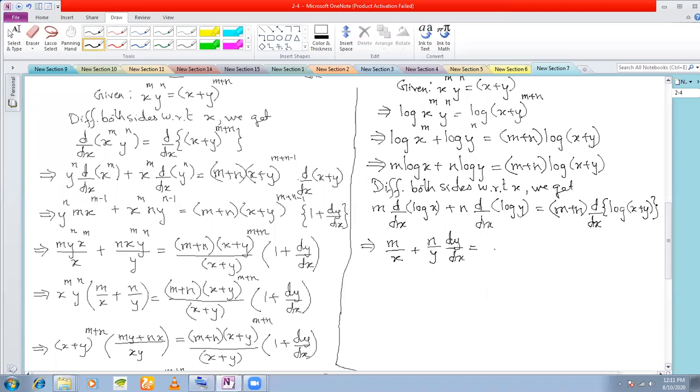Is equal to m plus n times d/dx of log(x plus y), which is 1 by x plus y into the differentiation of x plus y.